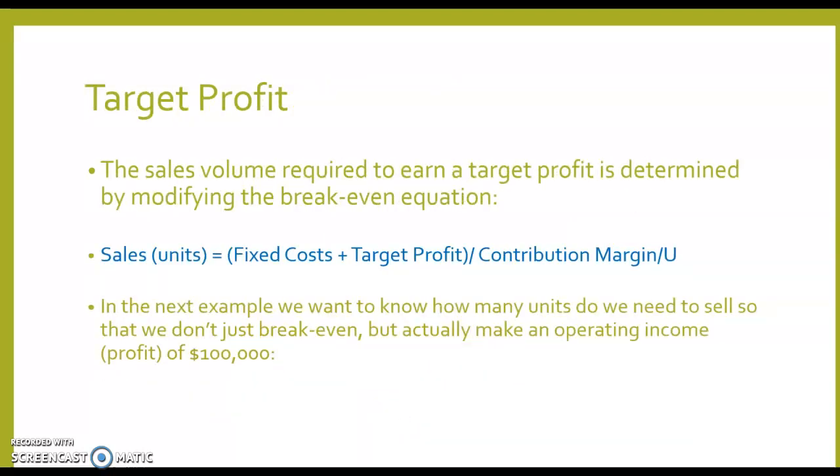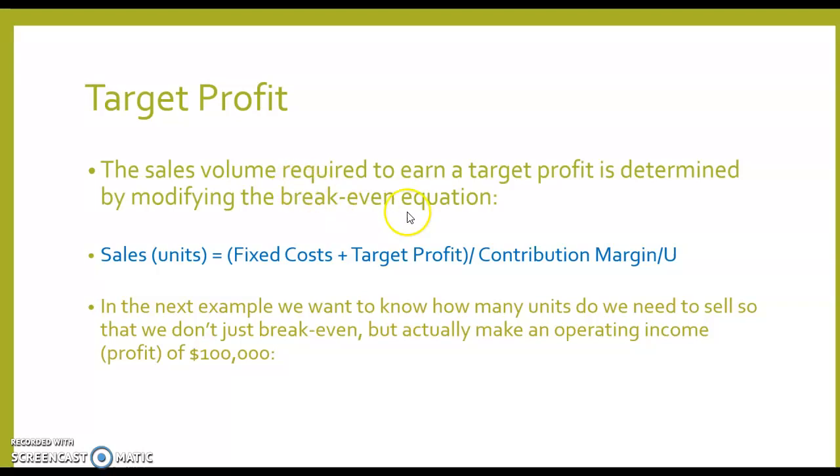Okay, now this is a related topic to the break even, target profit. Let's say we're beyond break even. We want to know how many units we need to sell to not only break even, but also to have a certain amount of operating income, a certain amount of extra profit above break even.